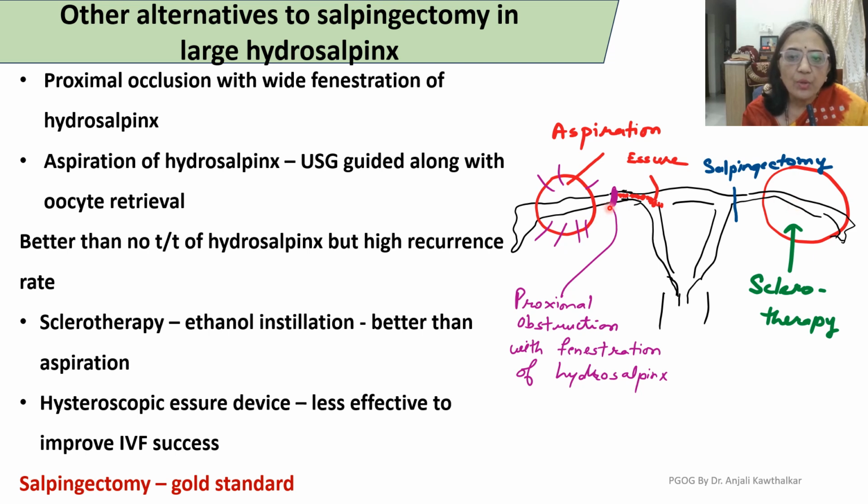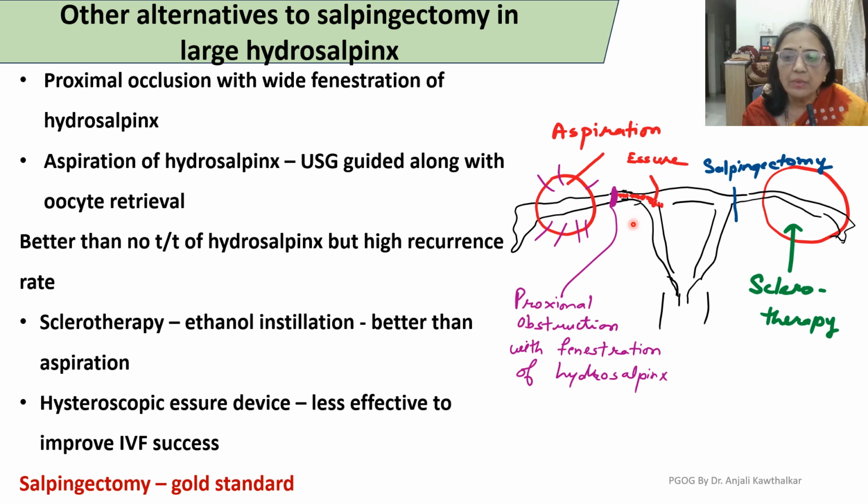Then we can go for proximal occlusion of the fallopian tube with fenestration of hydrosalpinx. These two are better; salpingectomy is best. Better are sclerotherapy and proximal occlusion of the fallopian tube, followed by aspiration, and the least effective to improve the success rate of IVF will be Essure instillation.